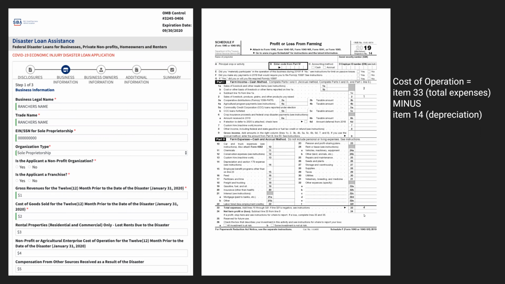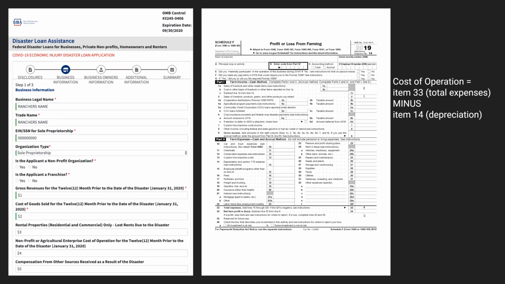Your cost would be an operating expense. So your rental properties, number 3, we don't have that identified anywhere here on Schedule F. Keep in mind that this application process is designed for all small businesses, and so there are some parts of the loan application process that don't necessarily apply to you as an ag operator.